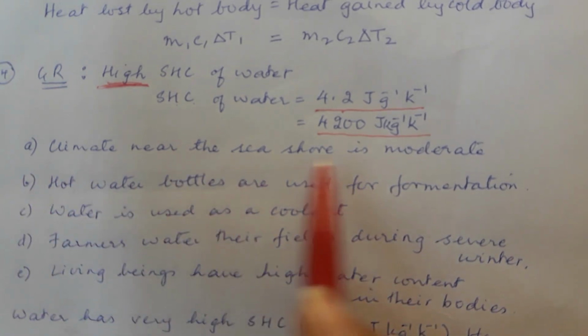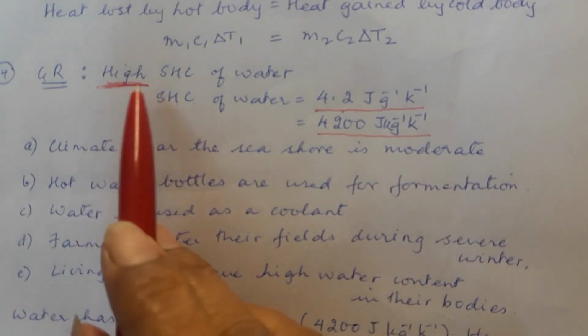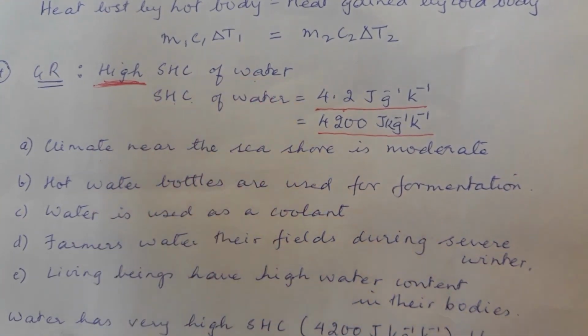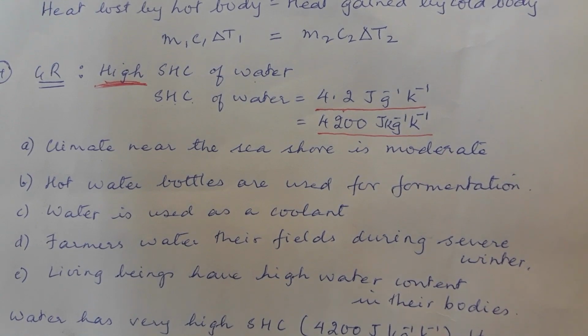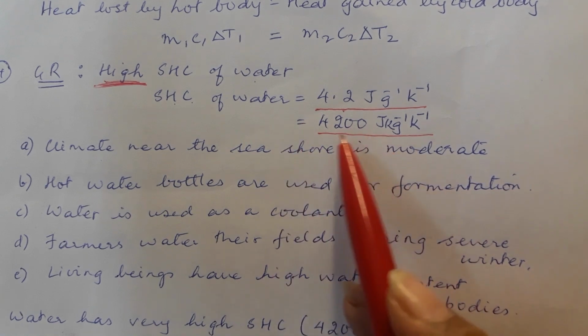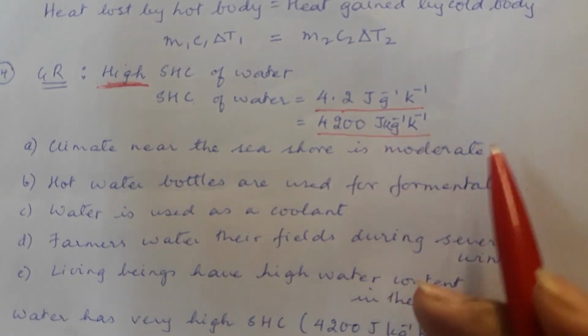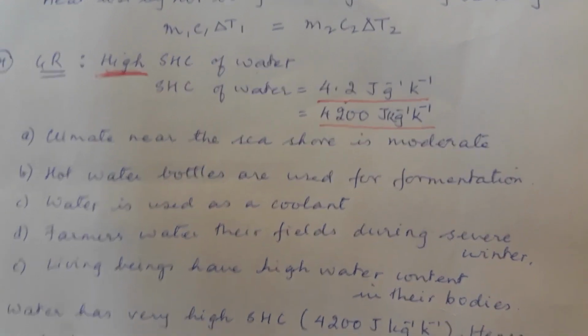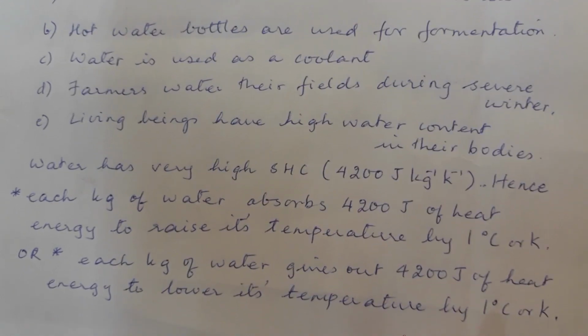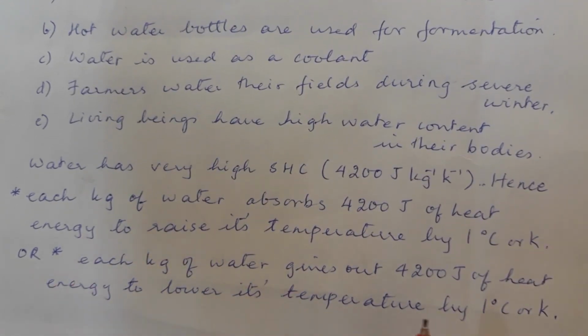Number 1 is climate near the seashore is moderate. Here you compare the high specific heat capacity of water in the sea with that of land. And then we have to say that the specific heat capacity of water being very high, that is 4200 joule per kg per Kelvin, hence each kg of water will absorb 4200 joule of heat energy to raise its temperature by 1 degree C or Kelvin.